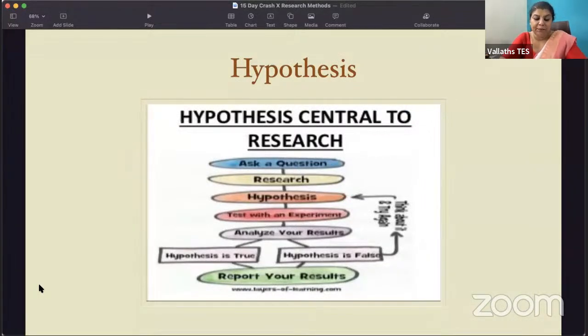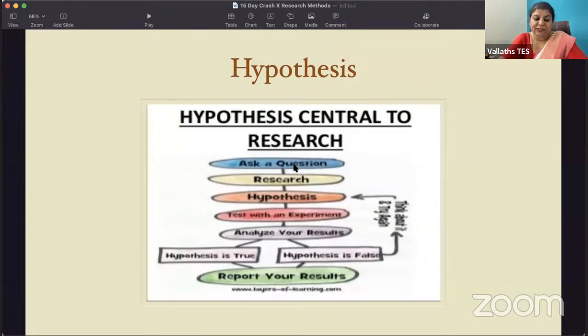Now, what is hypothesis? Before I come to hypothesis, what are the steps in making a research proposal? Different steps in making a research proposal. First, you have to ask a question. And that question will become your research question.